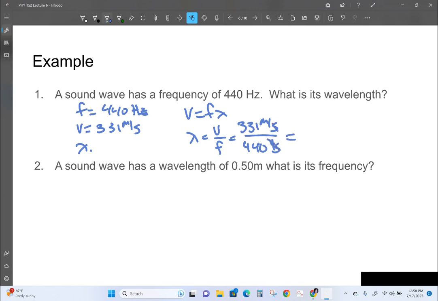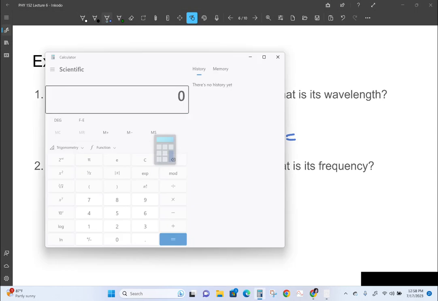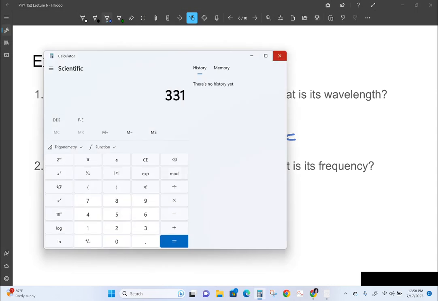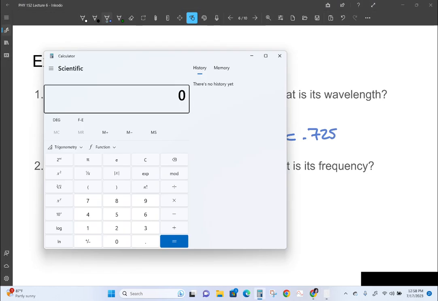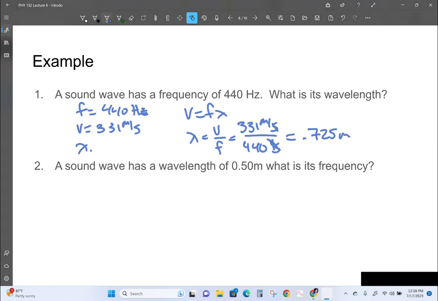So the seconds would be gone, and we would end up with meters. And I'm getting 0.725 meters.